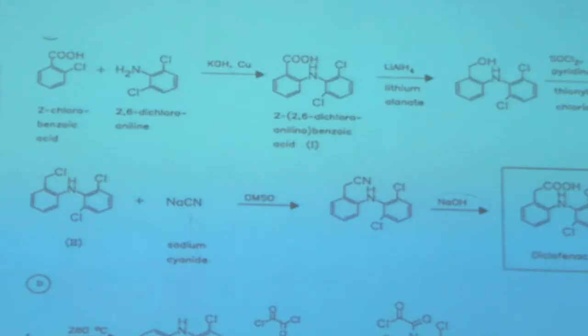How is it synthesized? It is synthesized from 2-chlorobenzoic acid, and when that 2-chlorobenzoic acid reacts with 2,6-dichloroaniline in the presence of copper metal and potassium hydroxide base, your compound is formed, because that proton will be removed from the amino group and chloride will be removed from chlorobenzoic acid, and HCl will be your byproduct, and both these rings will get attached through that amino linkage.